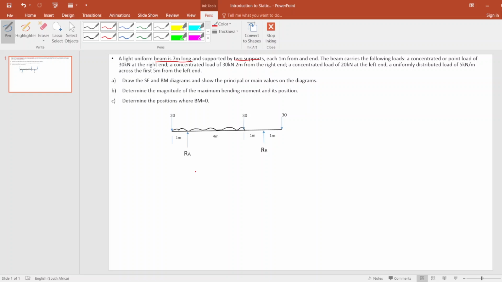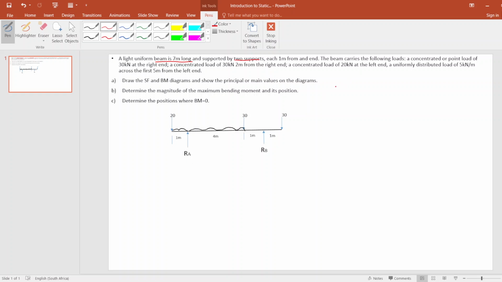Now, the first question is to draw the shear force and bending moment diagram and show the principal or main values on the diagram. Before we can draw the shear force and the bending moment, we have to calculate the reactional supports. In calculating the reactional support, we take moment at RA.